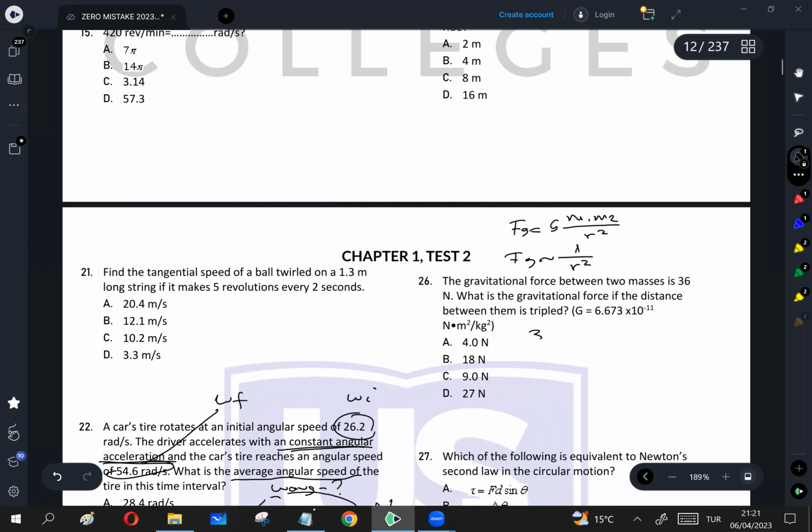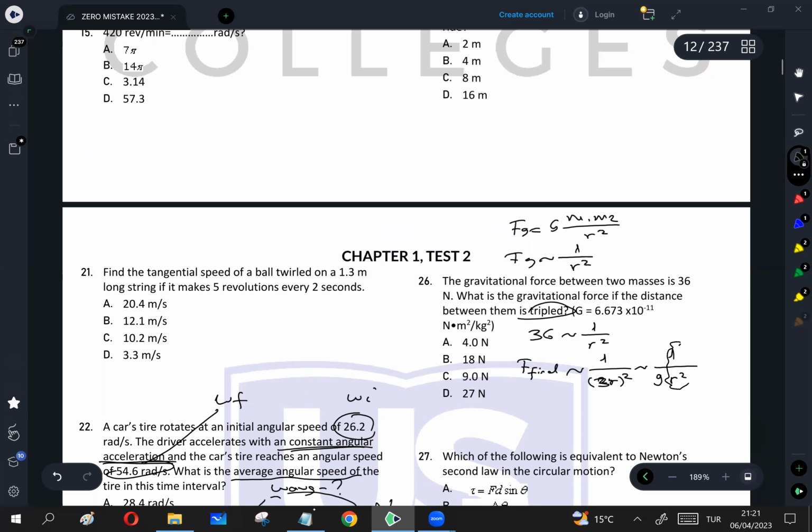Now, the initial value is 36 Newton, proportional to 1 over r squared, but later r is tripled. So the final gravitational force is calculated with a radius 3 times the initial one. I will get the square of 3r, which is going to be 1 over 9r squared.